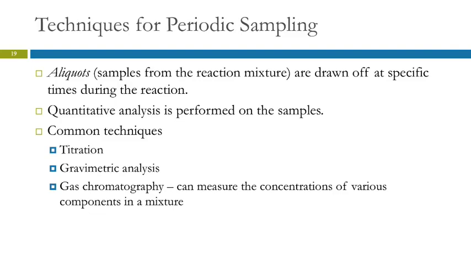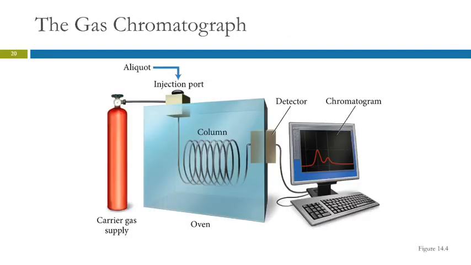But the gas chromatography, that can measure the concentrations of several different components in a mixture. One of the problems with mixtures is sometimes you can't separate them. And so the gas chromatograph separates the components. Here's a diagram. So use some sort of a carrier gas, and that gas flows through a column. It's actually a long, very long coil with a very small internal diameter. The gas flows through here, and then you take your aliquot from your reaction mixture and you inject it in here.